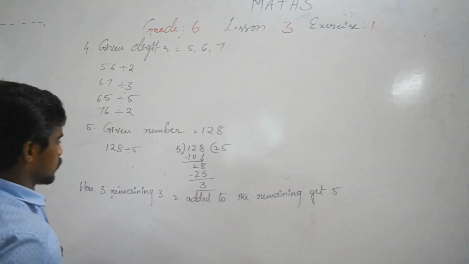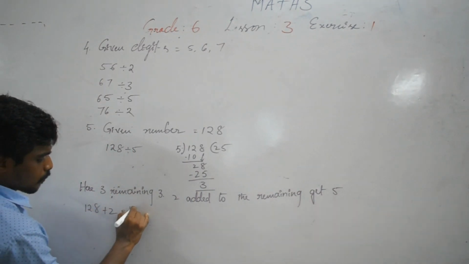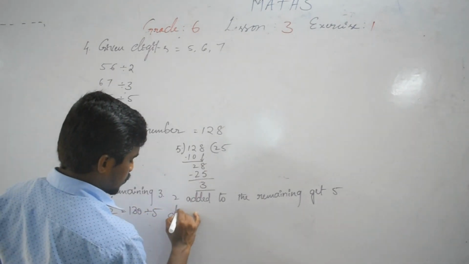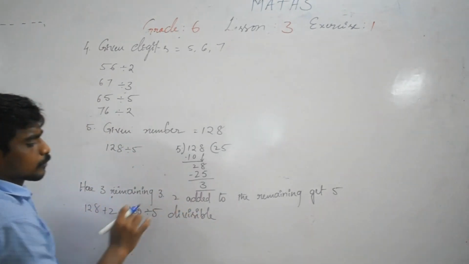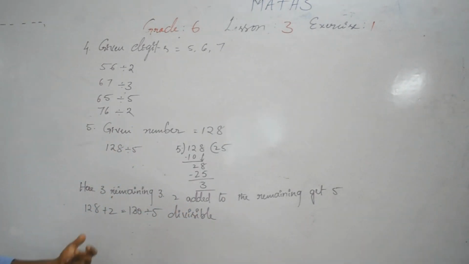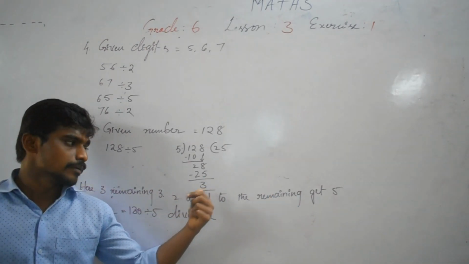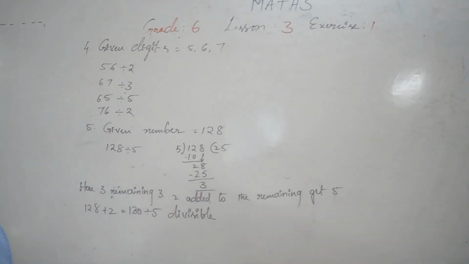So now see, 128 plus 2, 130 divided by 5 is divisible. So the smallest number, which number? 2. If 1 we add, 4 comes, not divisible. If 2 we add, 5 comes, that is divisible.